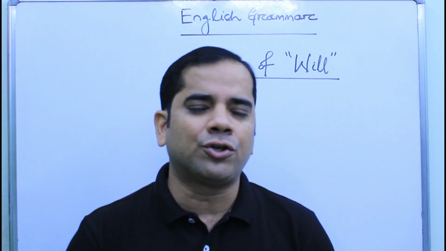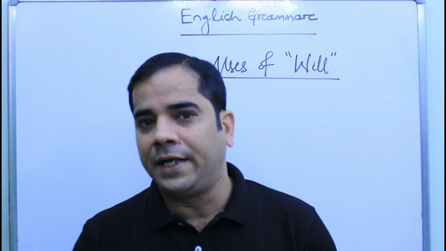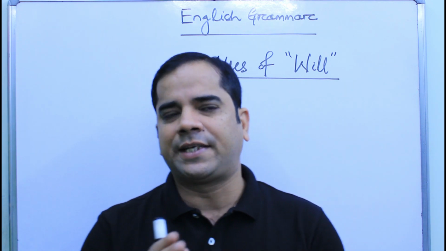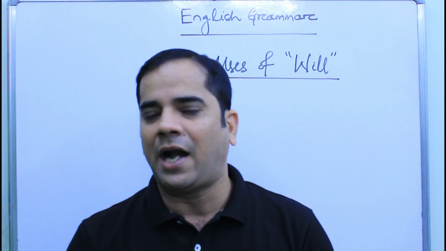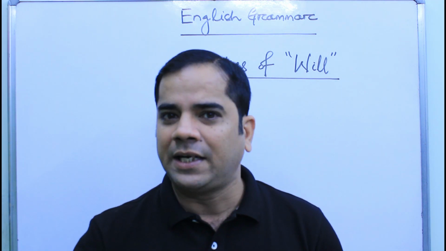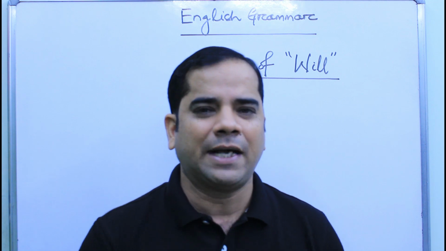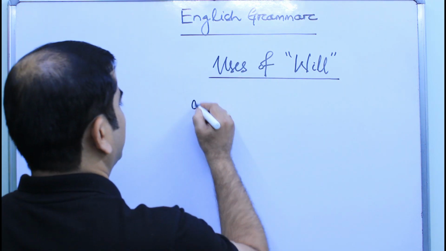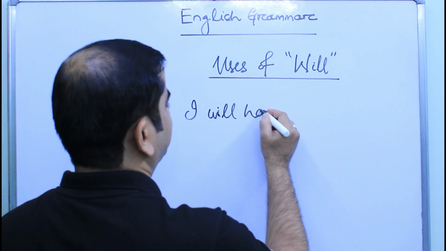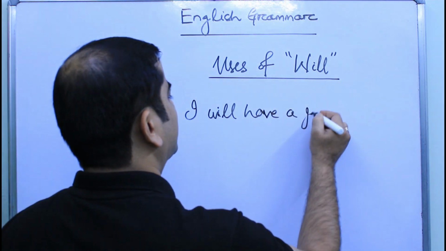Will is also used to decide something at the time of speaking. What does it mean? I am speaking and suddenly I decide to do something. That action is in future. For example, I'll have a glass of water.